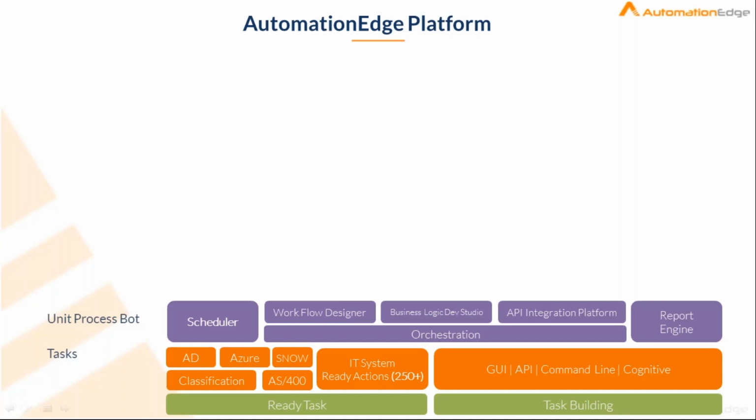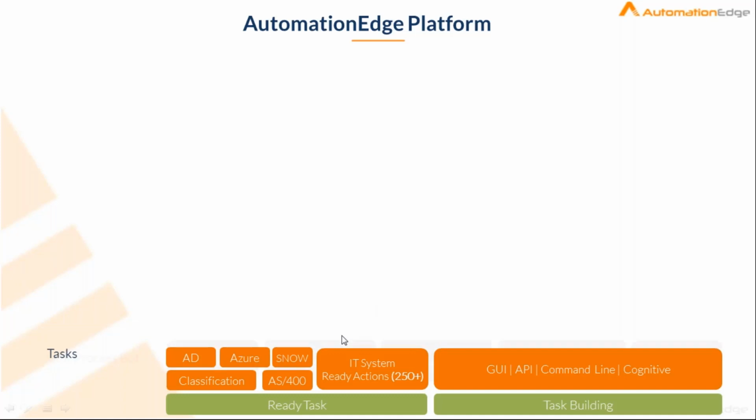It will get the value of the leave balance and send the response back to ServiceNow with the leave balance available for that employee. That's how you build a unit process. So in this case, a request for leave balance is a unit process.